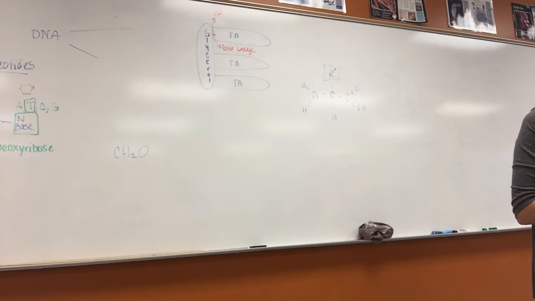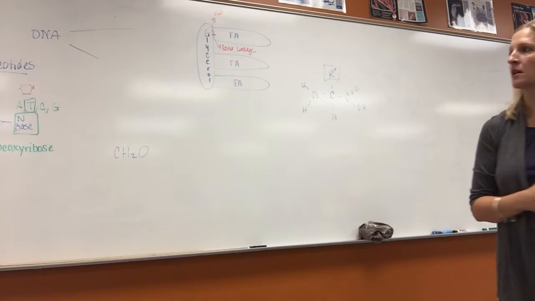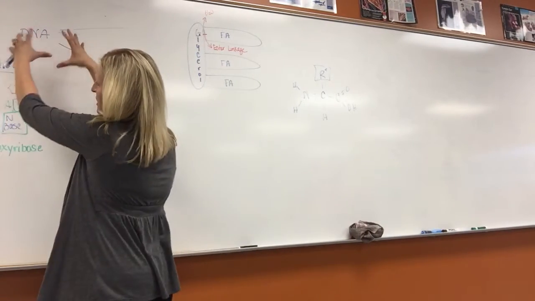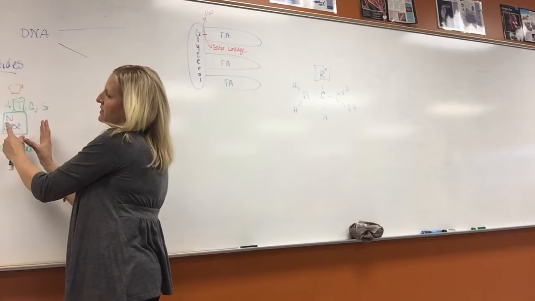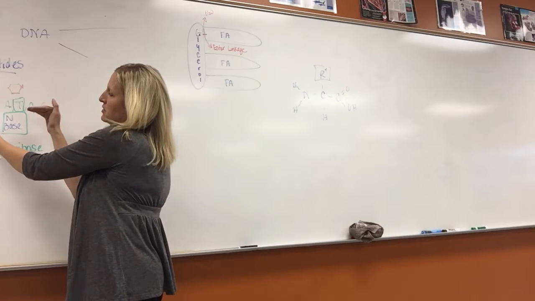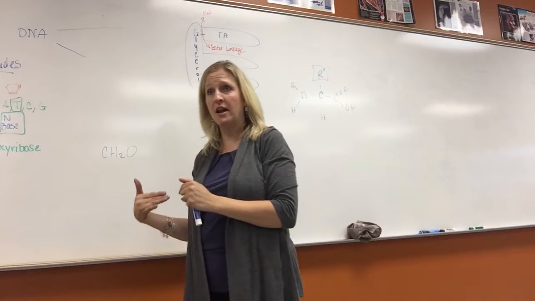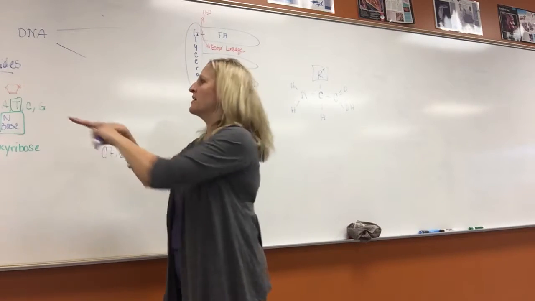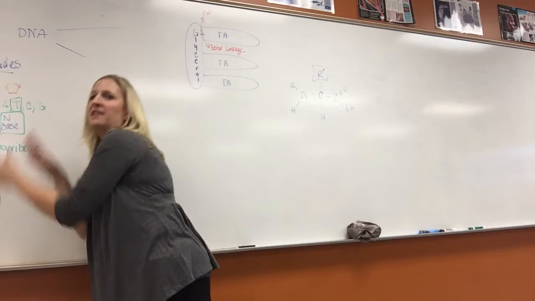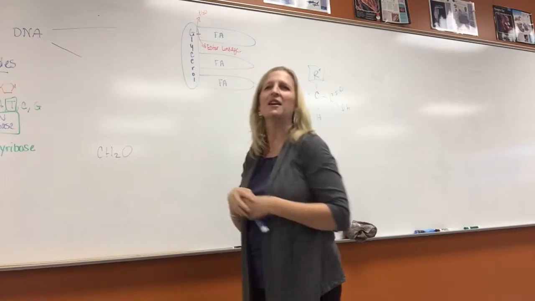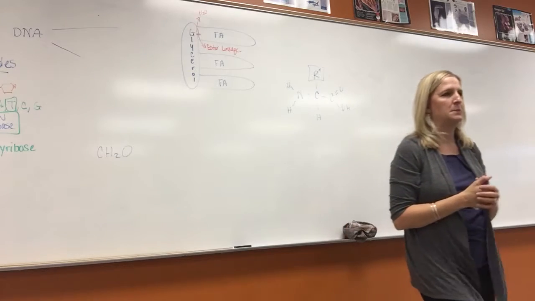One says summarize the functions of nucleic acids, but the other one is list the functions of nucleotides. How do you want us to do that? The nucleotides make up nucleic acids. So the function of the nucleotide is to hook together to make either DNA or RNA. Does that make sense? And then once DNA and RNA are made, the DNA and the RNA have specific functions. Does that make sense? Yeah. Okay. All right.